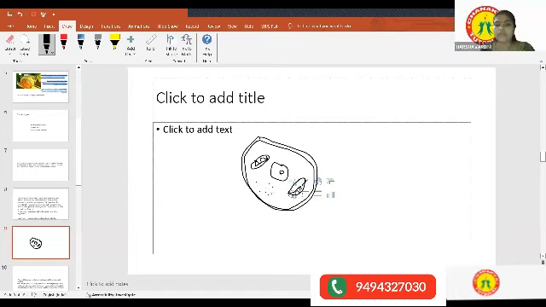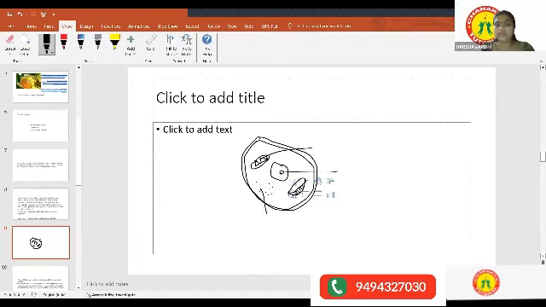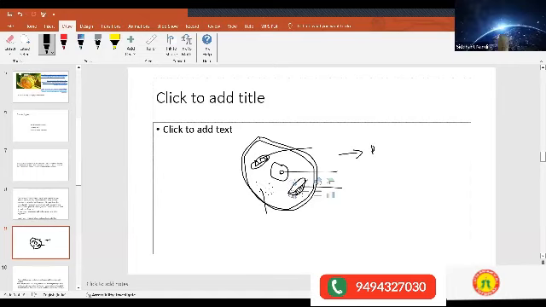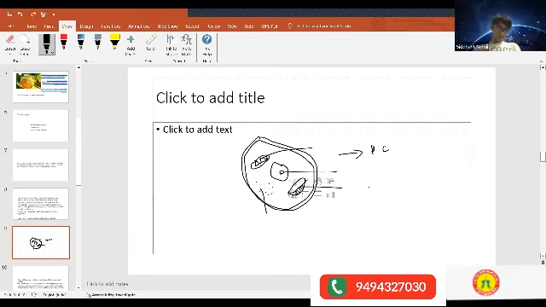So this is mitochondria, this is nucleus, this is ribosome, this is chloroplast. Take this as a simple plant cell. This whole is a cell, and the cell has ribosome, nucleus, mitochondria, chloroplast. These are called cell organelles.